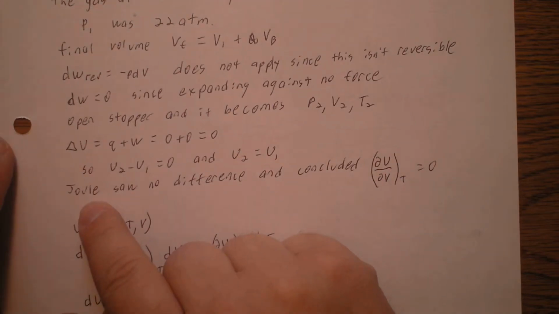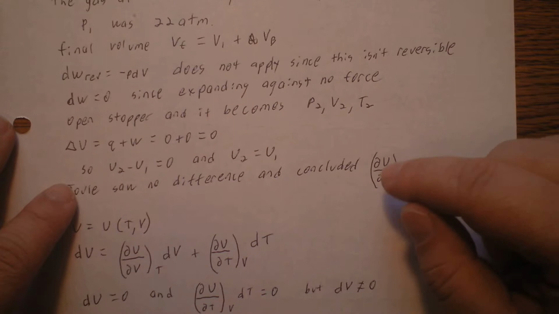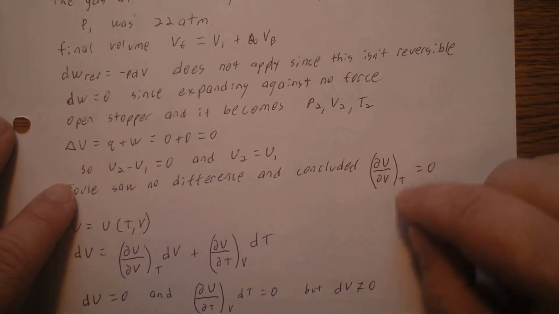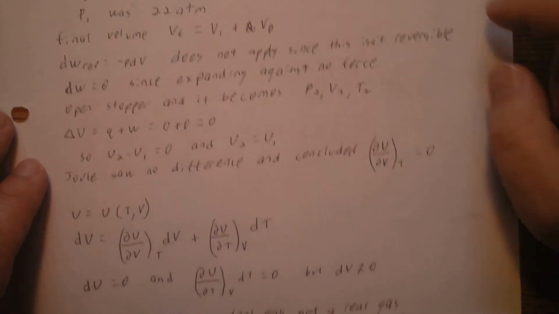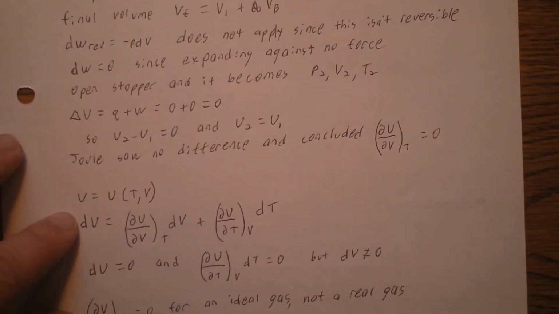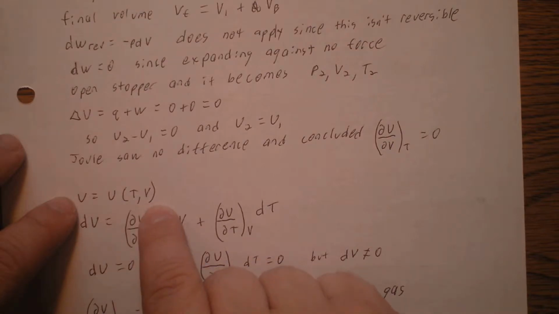So when Joule did this experiment, he saw no difference in temperature. So he concluded that the partial derivative of internal energy with respect to volume at constant temperature is equal to 0. Now remember, we're going to say internal energy is a function of temperature and volume.